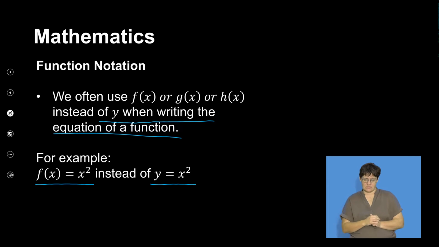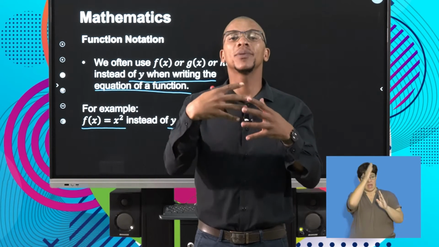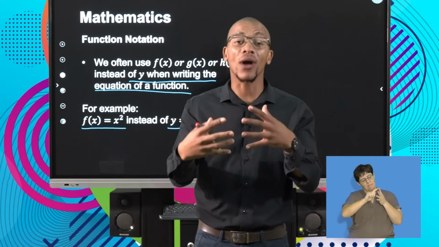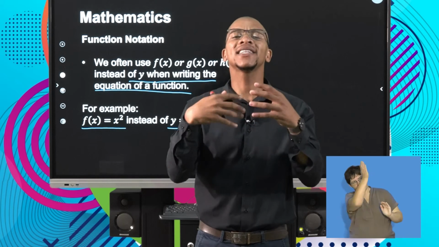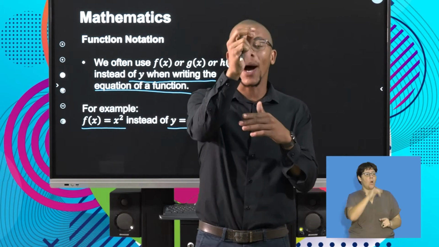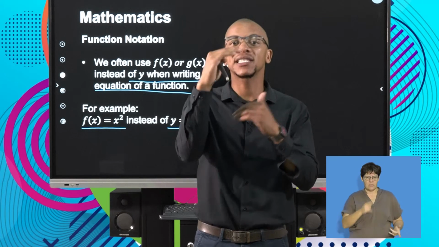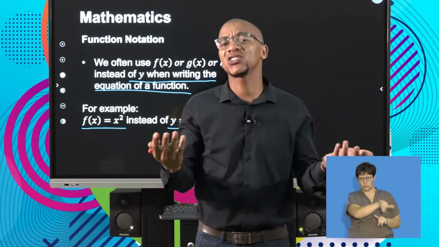And the main reason for using this f of x and the g of x and the h of x is because at times on the same system of axes, you will be required to draw many graphs. Now, if you're drawing many different graphs on one set of axes, you can't call them y is equal to, y is equal to, y is equal to. Then there won't be any distinction between which function is which.